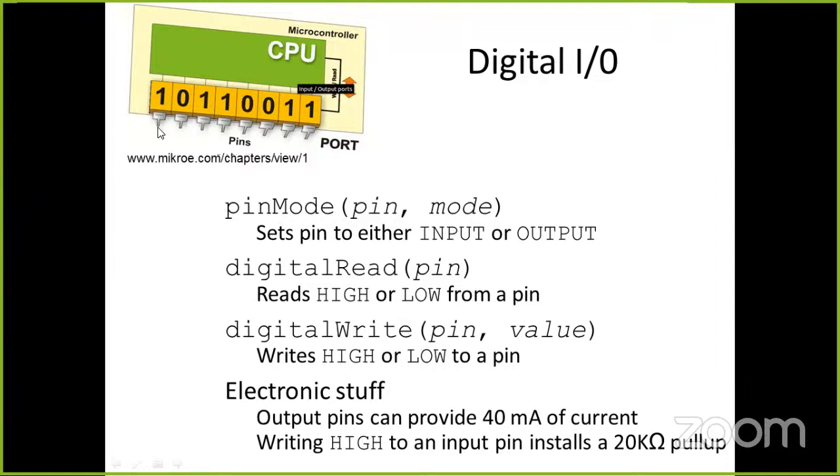Like if we are using pin number 13, we have to define whether this pin is for input or output. In the previous class we used a digital pin as an input pin, reading the PIR sensor in the Arduino, that is digital input.